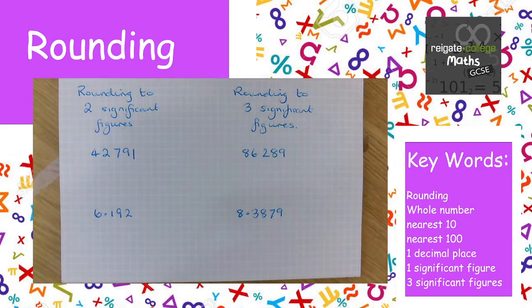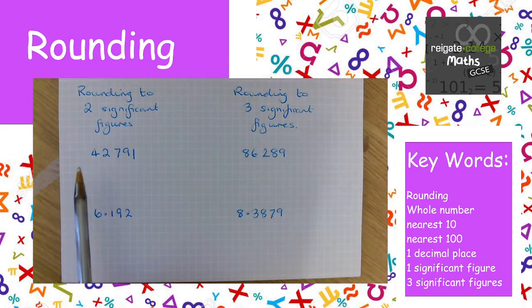The reason we get confused with the notation of significant figures is because the point of rounding changes with whatever number we have. Here I'm going to show you how to round to 2 significant figures, and then by comparison how to round to 3 significant figures. With the first example, rounding to 2 significant figures, the number 42,791.